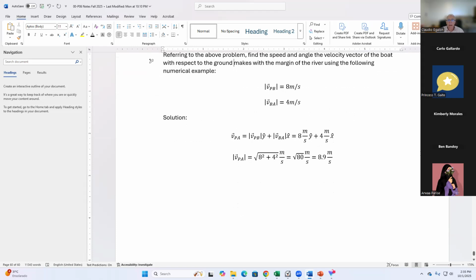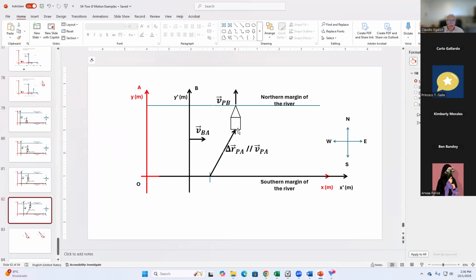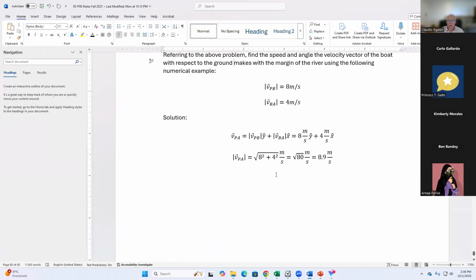Okay? And now this angle is going to be going back right in here, right? Here you go. This angle is going to be this one right in here. It's going to be the y component divided by the x component, which is going to be the tangent of this angle.